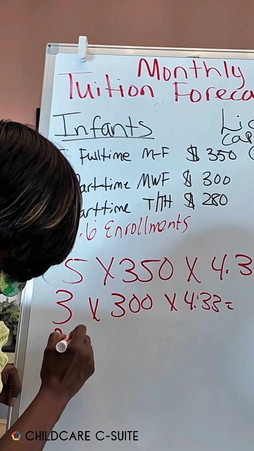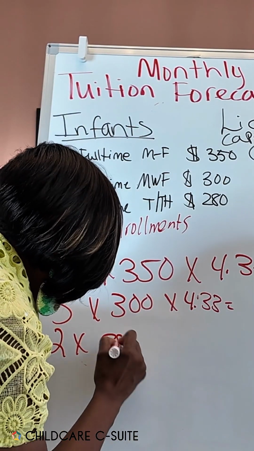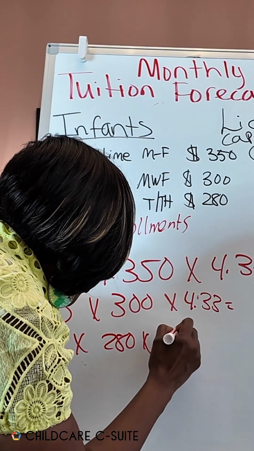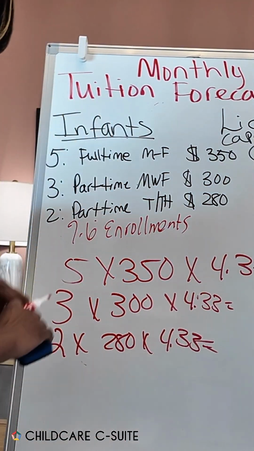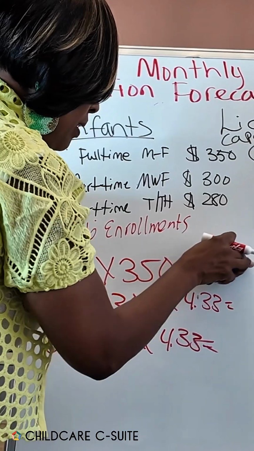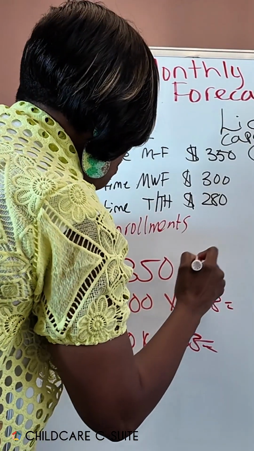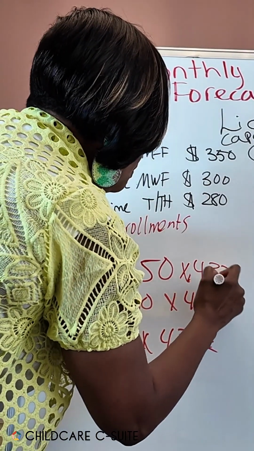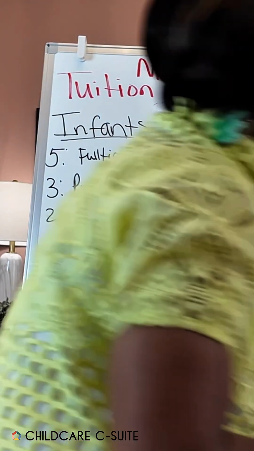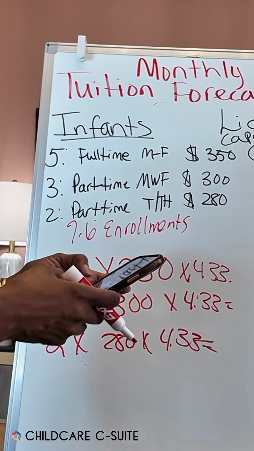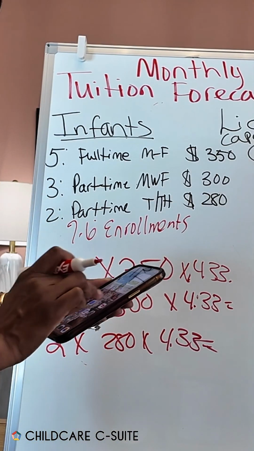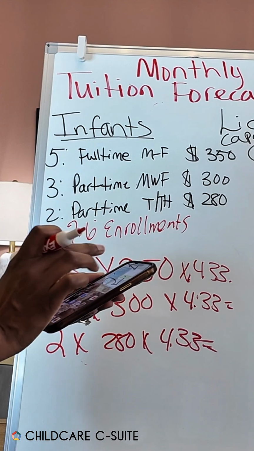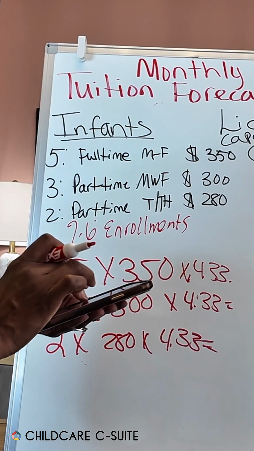And then 2 times $280 times 4.33 equals. Now I'm going to make this a little bit smaller because I need to squeeze my money in there because I want to know how much I made. So I'm going to do some quick math with you right now on my calculator so that we can calculate this money, honey, because if it doesn't make money, it does not make sense.